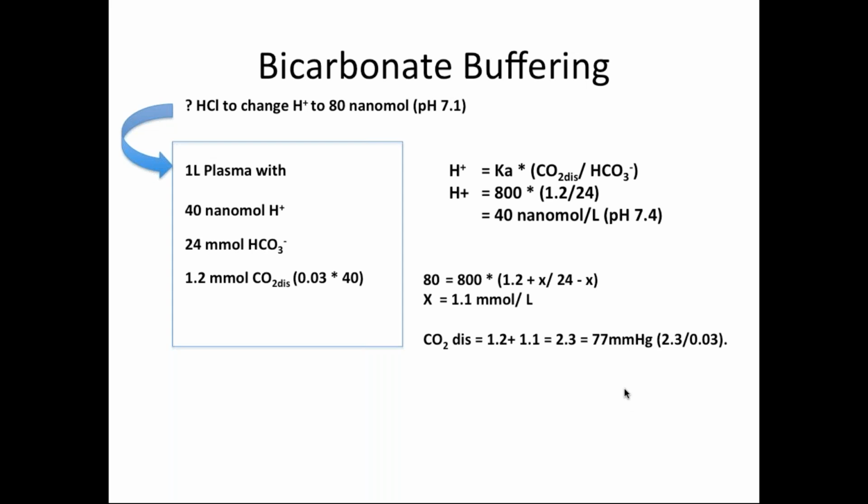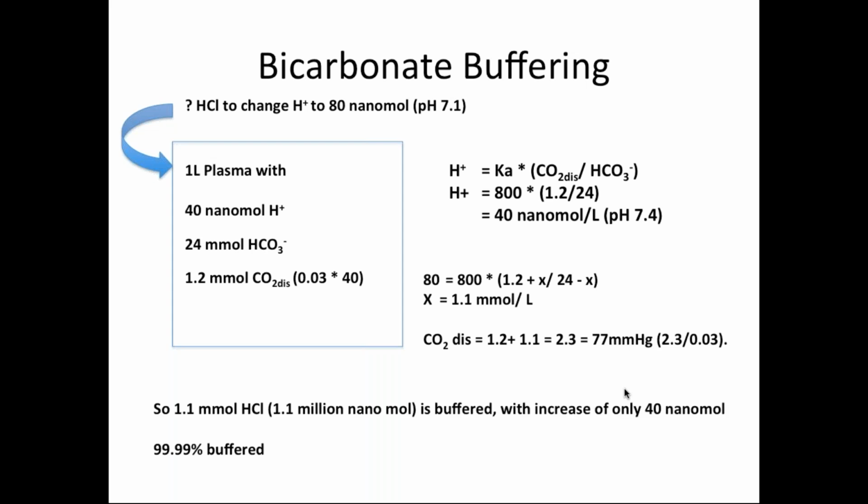Another part to assess in this is that when we added 1.1 millimoles of HCl, which is 1.1 million nanomoles, it got buffered excellently, and the increase in the H plus concentration was only 40 nanomoles.